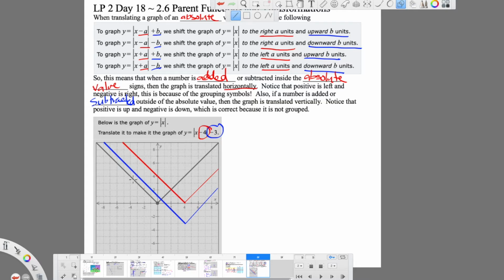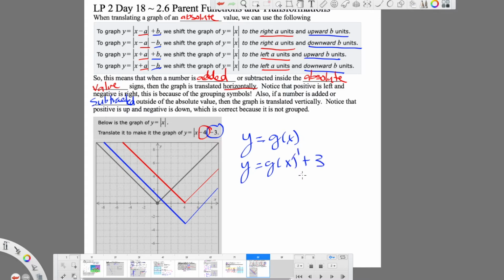Now, I did mention that this works the exact same way, even if you have other types of functions. So you may have functions that look more like y equals g of x, something like this. And then you can have y equals g of x plus 3, or you can have something subtracted in here like this.